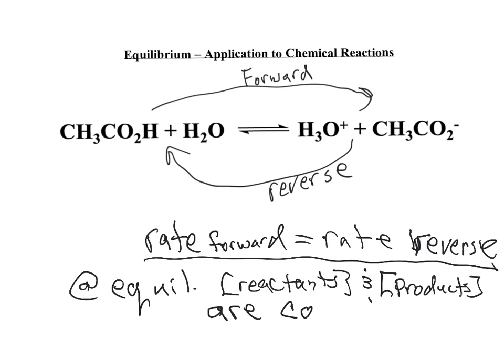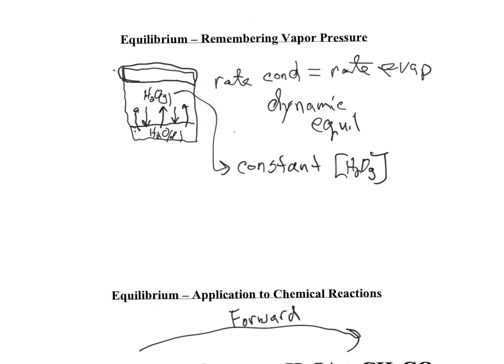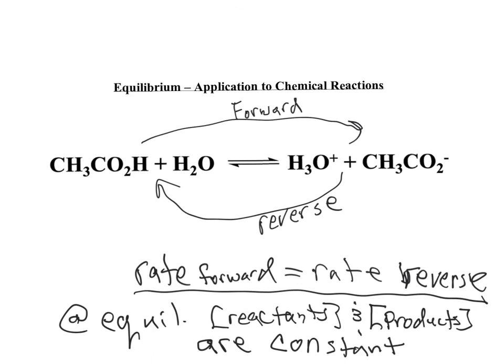They're not necessarily equal, but they are constant, meaning that they're not going to change anymore when equilibrium is reached. And it's a lot like what we just said above here, using this as our point of overlap from past material. You can see the same thing going on here. Just like I said, the concentrations of gas and liquid don't change. The concentrations of products and reactants are constant as well.